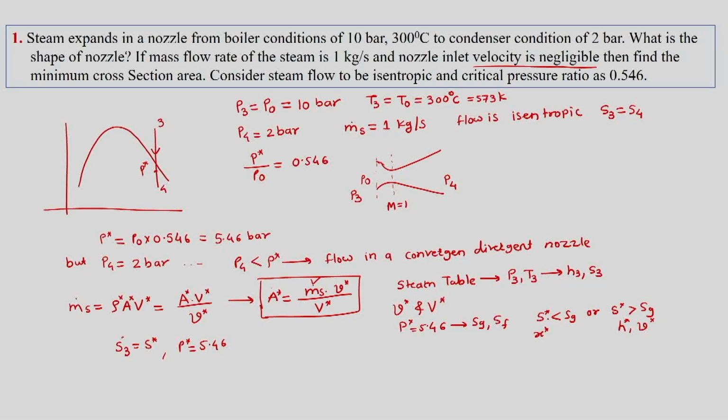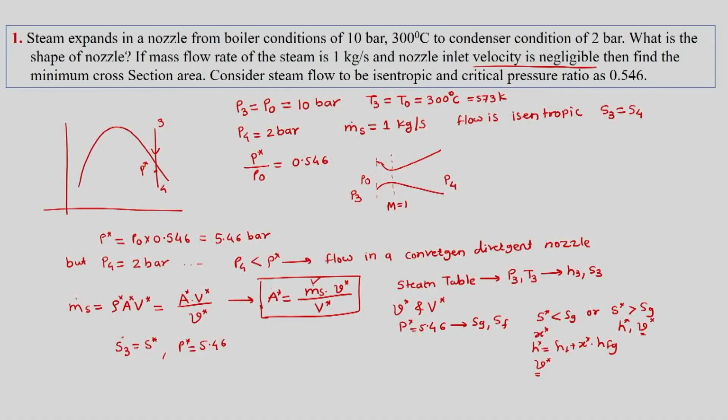Otherwise, in the case where S star is less than SG, we will first find out X star. From X star we know H star is equal to HF plus X star into HFG, and then similarly we will also find out v star. So by this means of calculation we have found out v star.